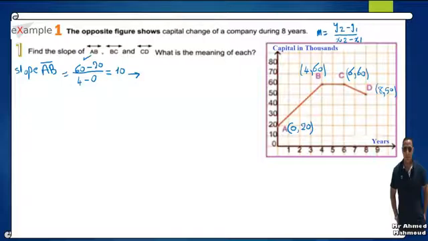The change of y is the change in the capital, and the change of x is the change in the year. In that case, the change in every year equals 10,000 because the unit here is thousands.